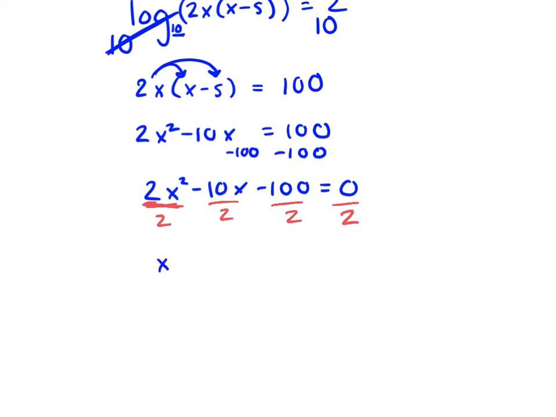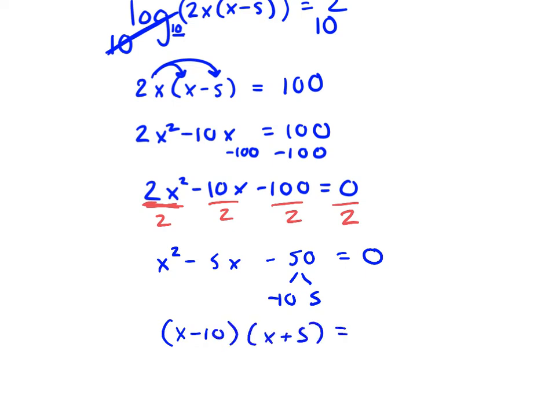Then we're left with x squared minus 5x minus 50 is equal to 0. Now we can factor. What are 2 factors of negative 50 that add to negative 5? Negative 10 and 5. Perfect. So we put those into our parentheses. x minus 10 times x plus 5 is equal to 0.